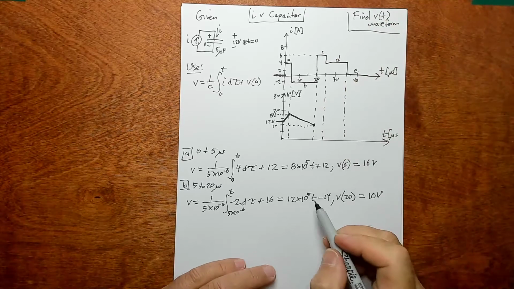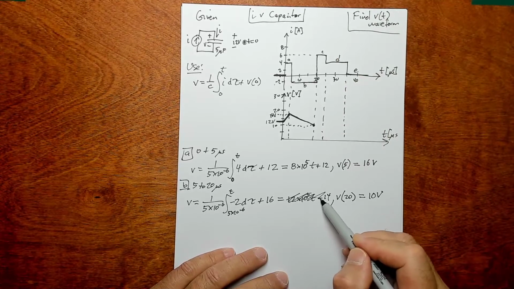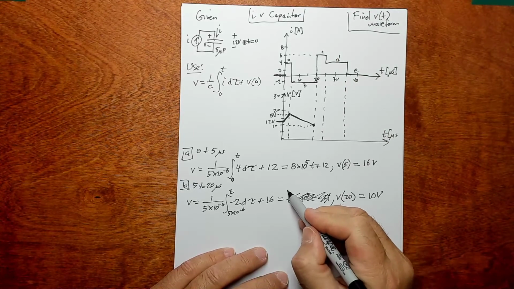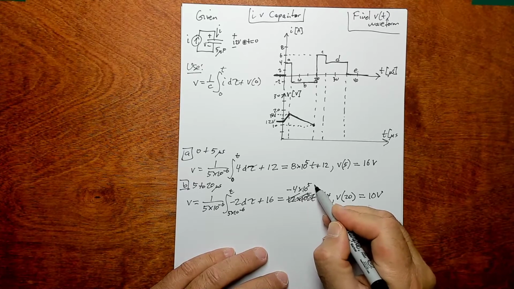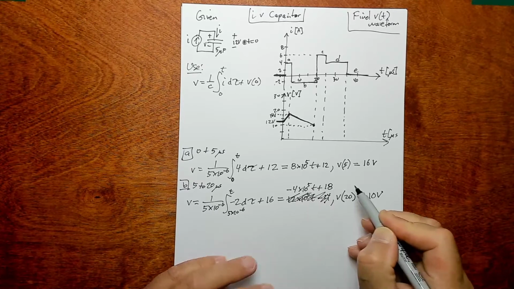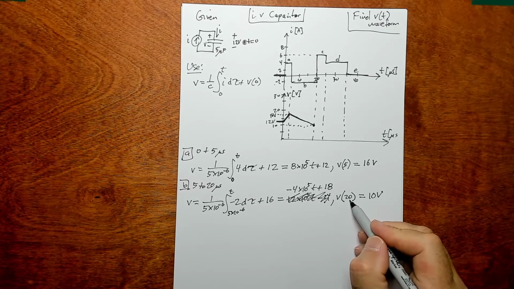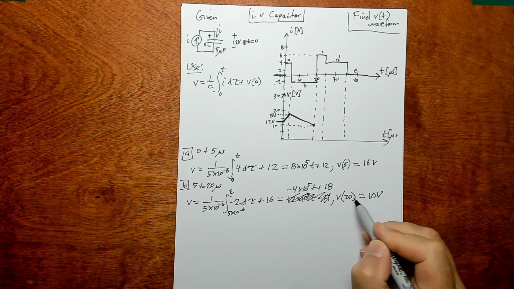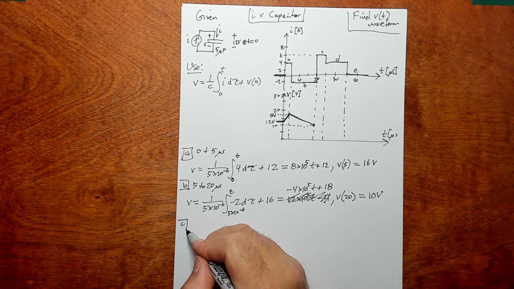And if you're wondering how that works out, it's because I wrote down the wrong thing right here. So this should actually be minus 4 times 10 to the 5t plus 18. And if you solve that at 20 microseconds, you get 10. Okay, sorry about that. Just going right along here.